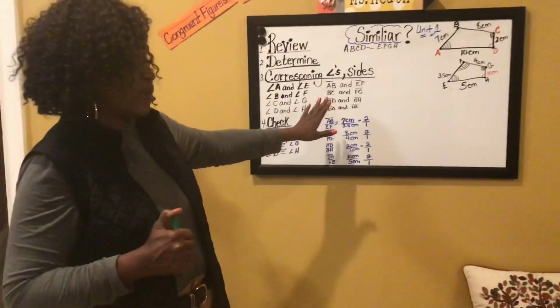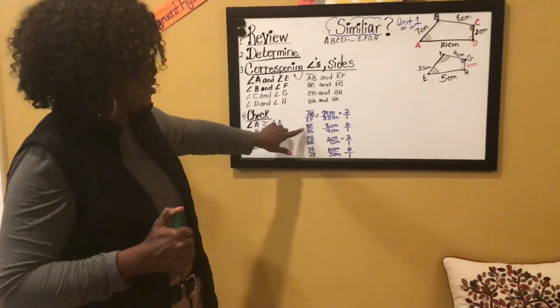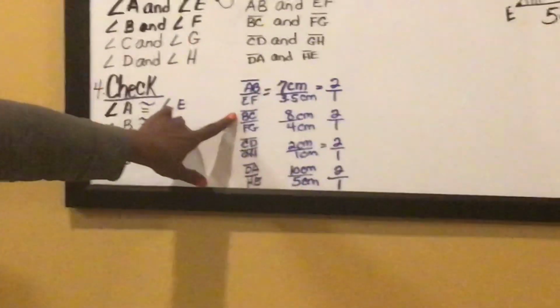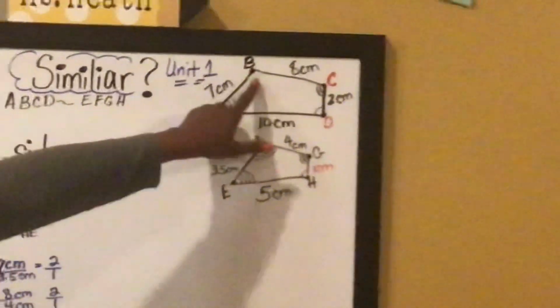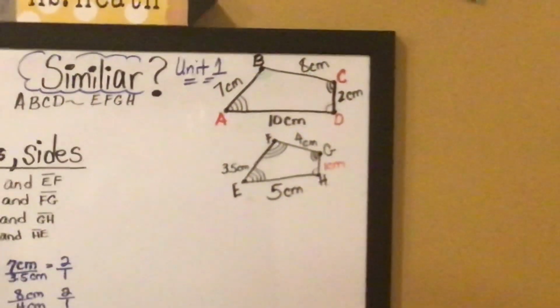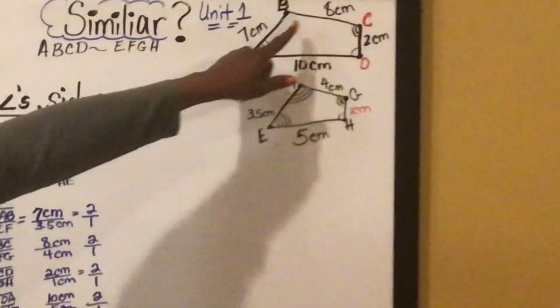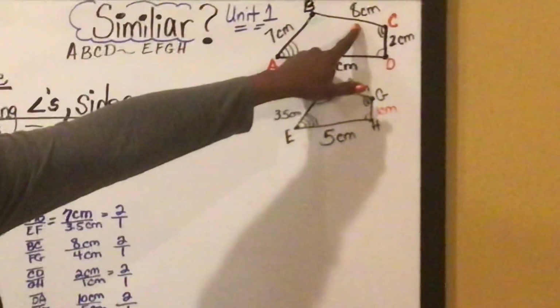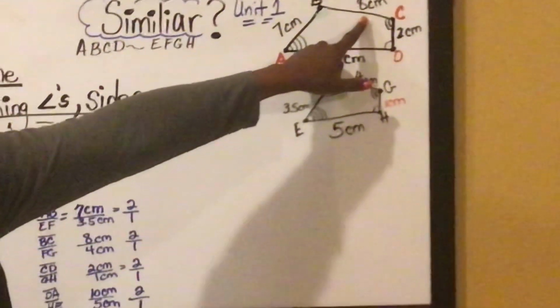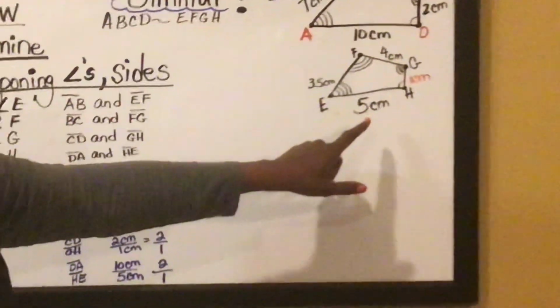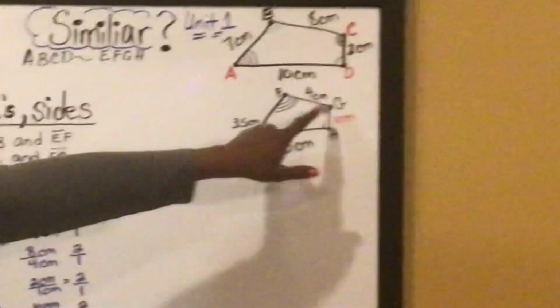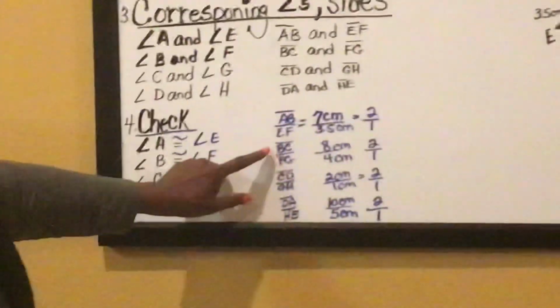So let's check the ratio of side BC. Here's BC, side BC. B and C. What did we get? We got 8. It has 8 centimeters. There it is. So side FG has a length of 4 centimeters. Here's the 4, FG. And I put it right here. Hopefully you can see.